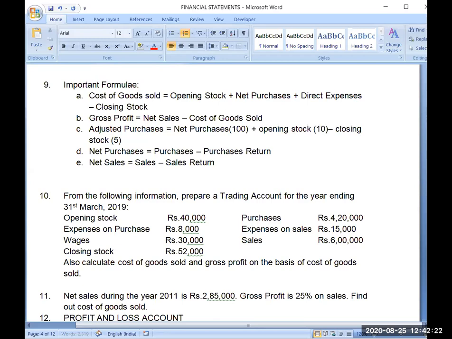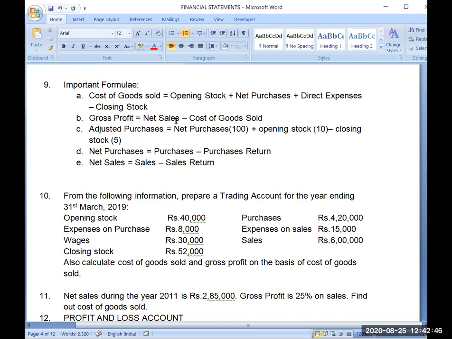So that's why you have to adjust your purchases. So you have already adjusted your purchases in this formula also. Opening stock plus net purchase minus closing stock. With the help of this formula, you are calculating the quantity of goods you have sold in one manner. So adjusted purchases is the same formula which you have written here also.